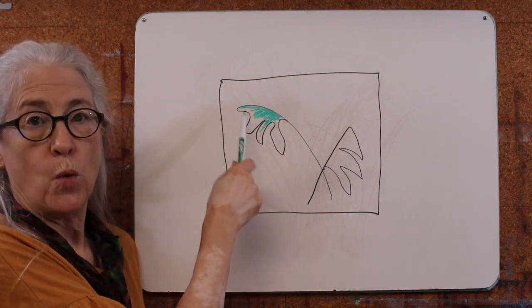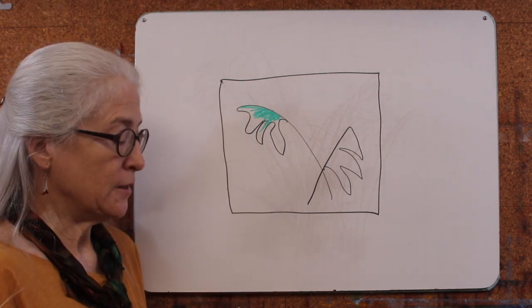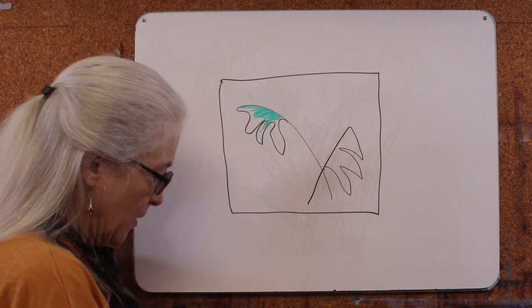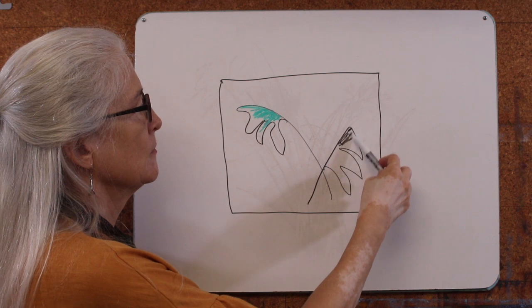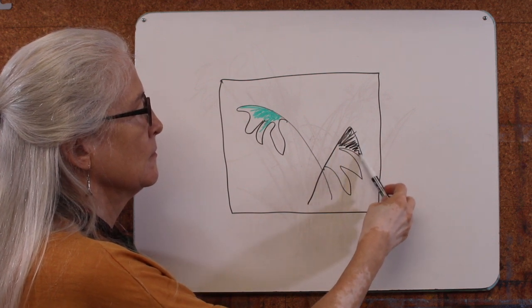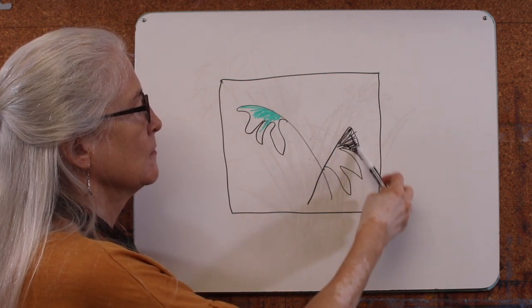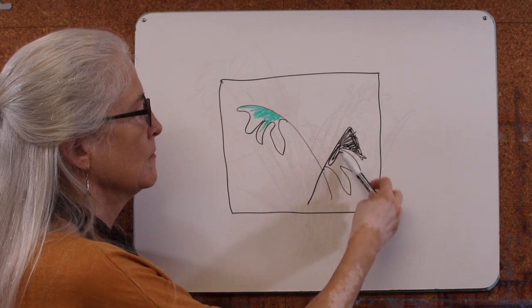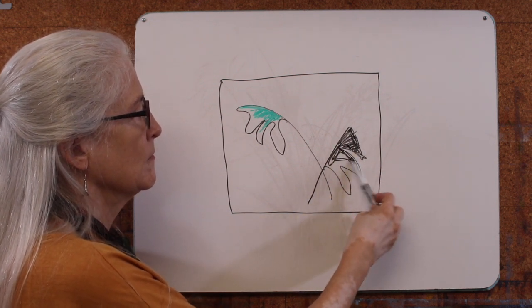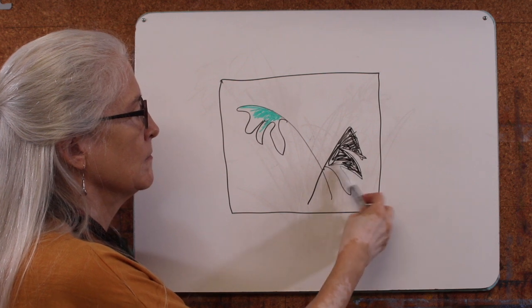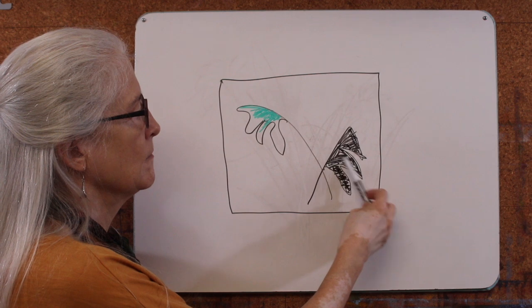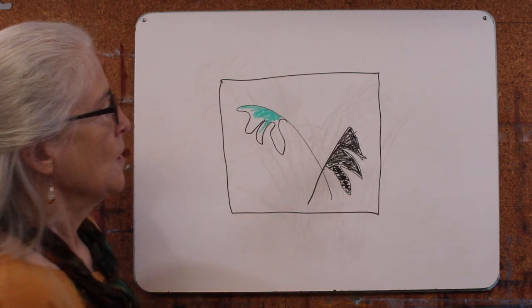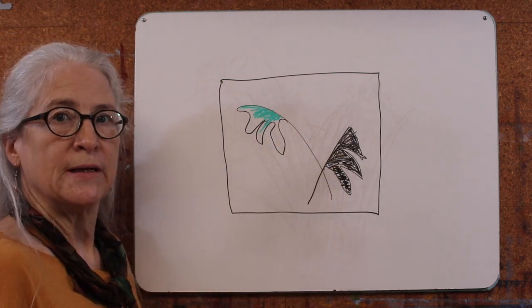It's way weighted over here too, but your eye goes to that green. But if I fill this in with black, the weight of that is now just a little bit more balanced.